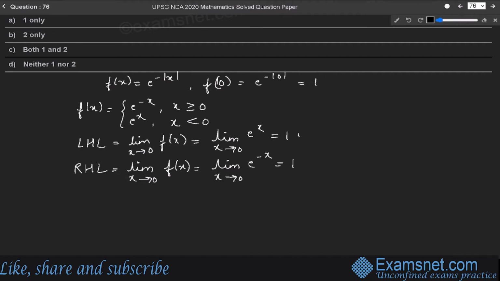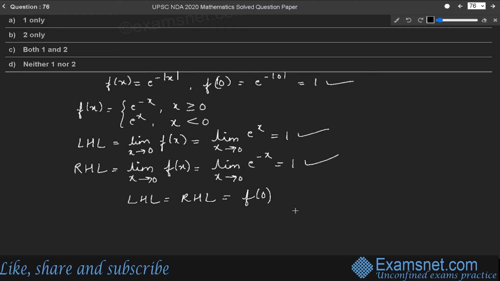We can see that LHL is equals to RHL. So we can say that LHL is equals to RHL is equals to f of 0. All these three terms are equal. So we can say that this function f of x is continuous at x is equals to 0. So statement 1 is correct.